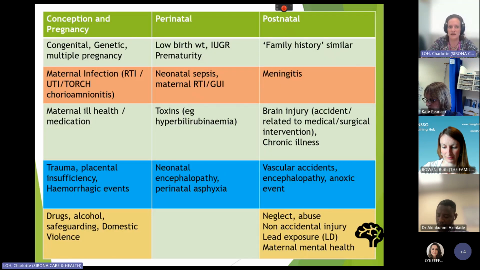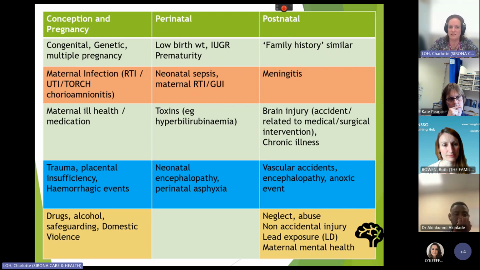This is quite a busy slide, showing some of the factors that you can ask about antenatally, perinatally and postnatally. I've put some in different colours just to group them and make them a little bit more amenable to remember. Essentially, if you ask a family whether there were any problems in pregnancy, hopefully they will pick up on these main issues.